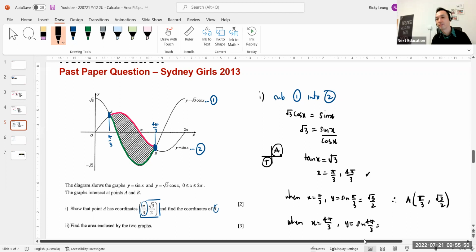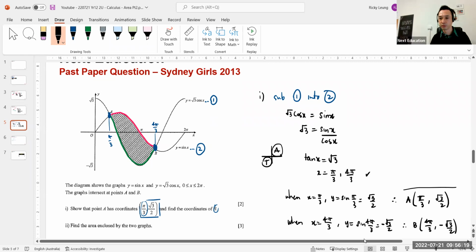What's that, guys? Using my all stations central angles of any magnitude, I know 4 pi on 3 is in the third quadrant. I can see it here. So the equivalent value is pi on 3, but in the third quadrant, it's negative. So negative root 3 on 2 is my y value. Therefore, B has the coordinates 4 pi on 3, minus root 3 on 2.